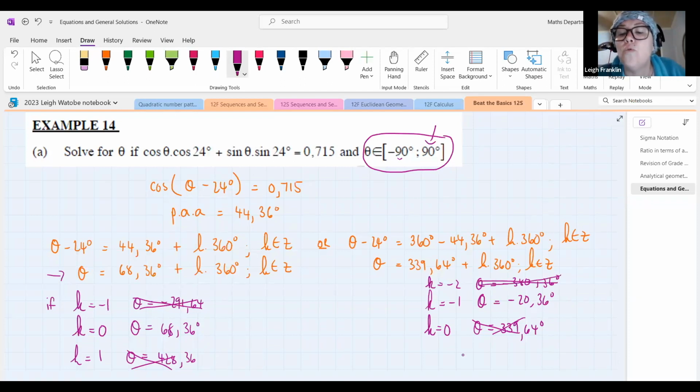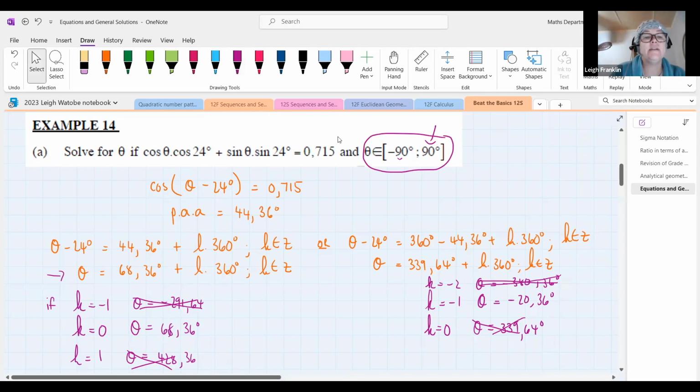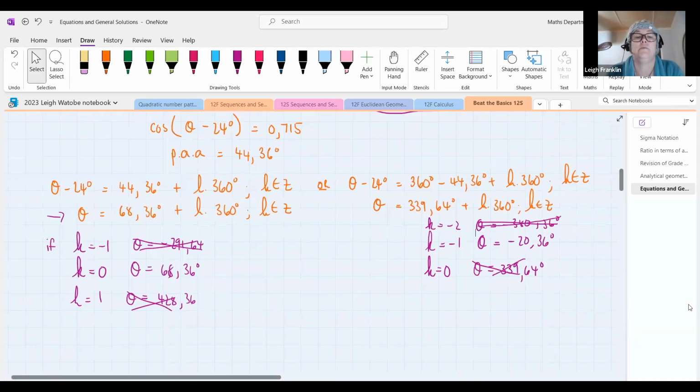Too small. So now I've exhausted all my options with the second general solution. So there are only two values of theta that satisfy this equation that are between -90 and 90.